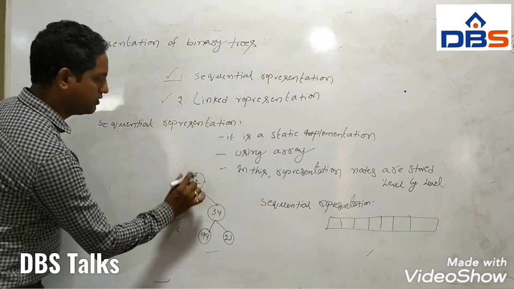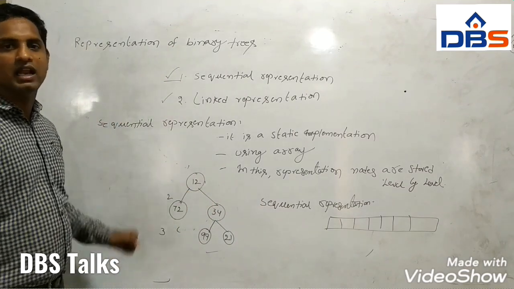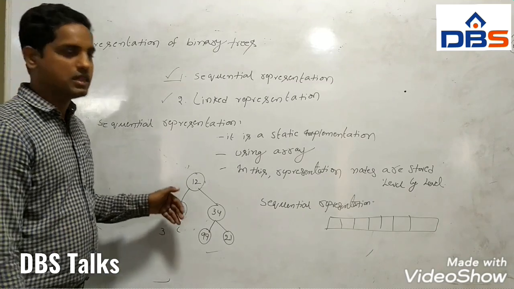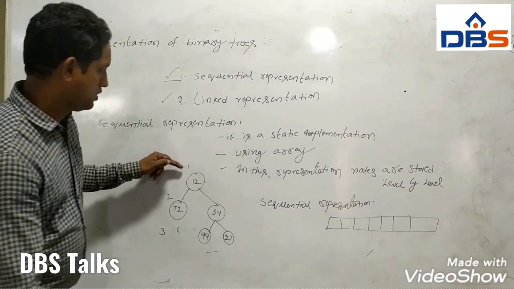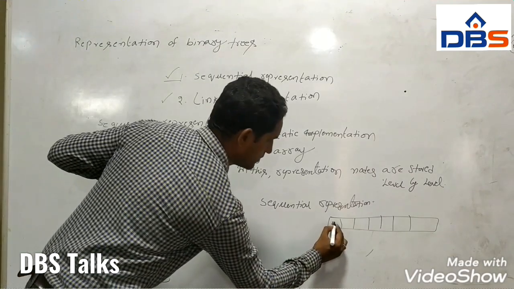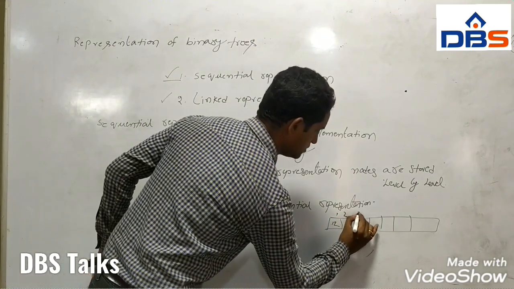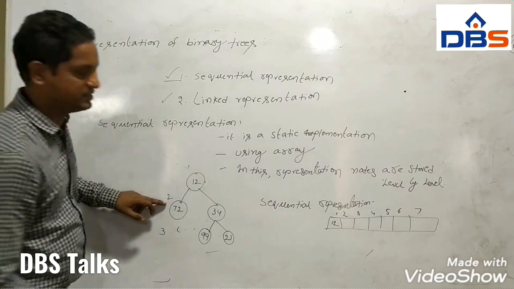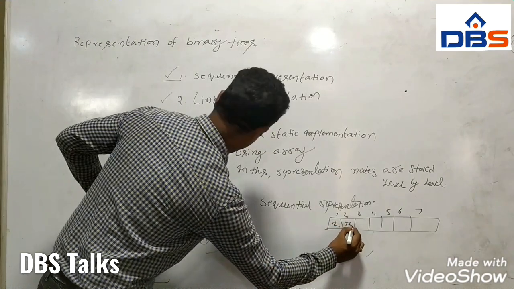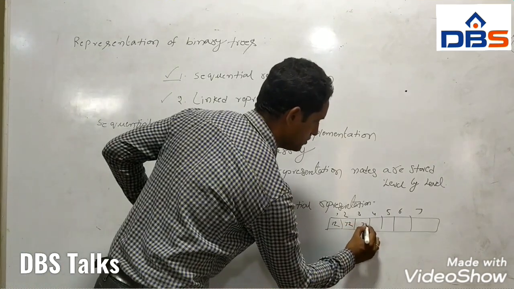See, the levels are first, second, third. Here there are three levels. In that way, the values are stored in the particular representation. Node 12 is position 1, then 2, 3, 4, 5, 6, 7. Next one is 72, third one is 34.